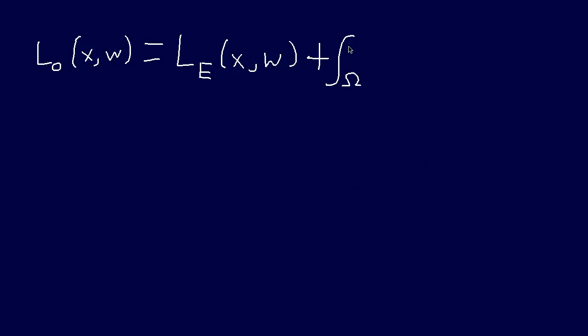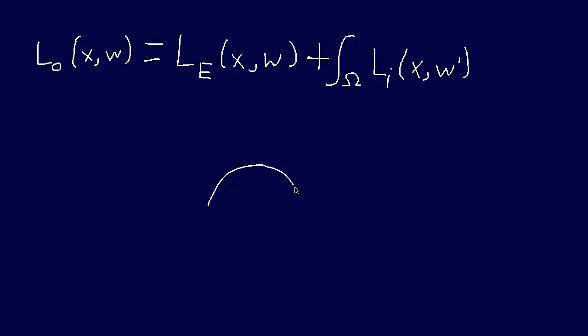And in this sort of integral, the first term in there is the amount of light that's coming in towards this point from some direction W prime. And that sort of represents whatever direction I'm currently looking at in the integral.